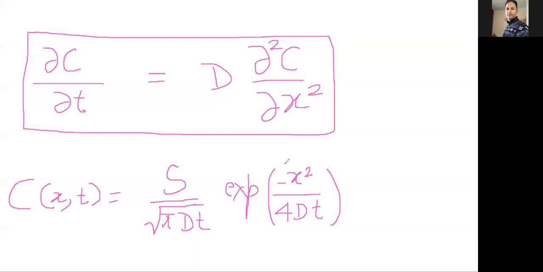This function is a form of Gaussian function, so our dopant profile is a Gaussian function.